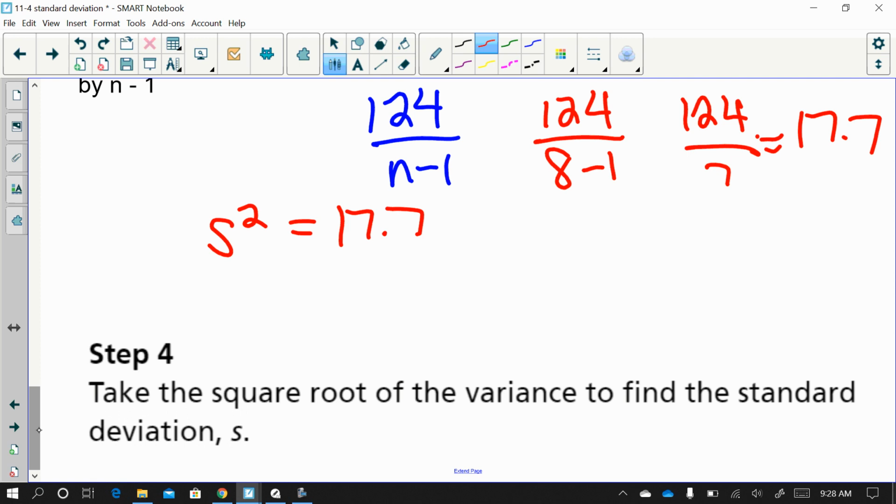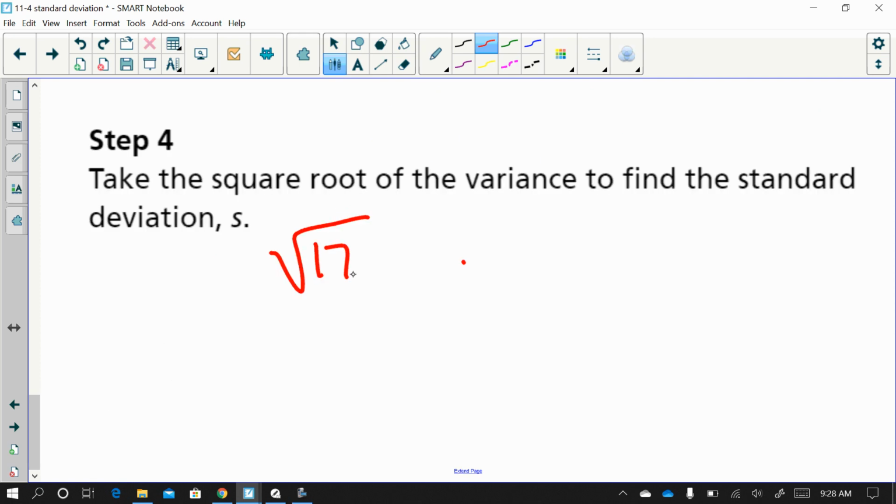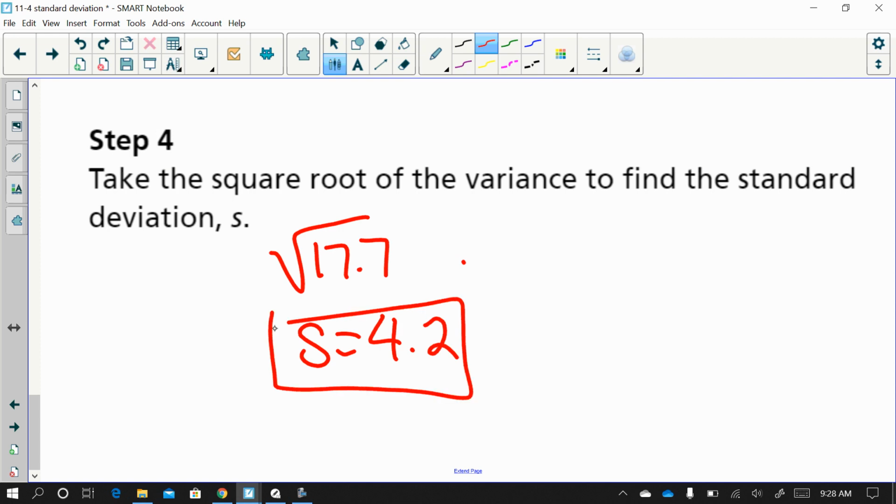Okay, last step, you just take the square root. So I need to do the square root of 17.7. I get s equals 4.2. So my variance of this sample, or my standard deviation, is 4.2. So my numbers vary by about 4.2 from my mean.